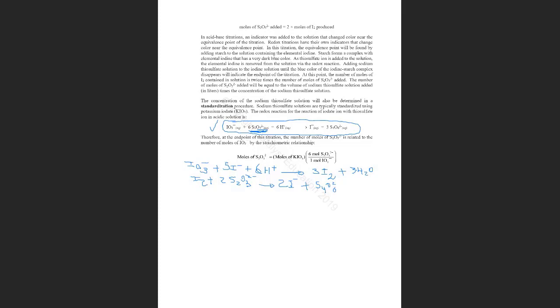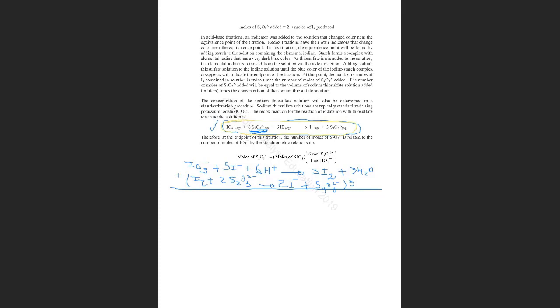You do not have to worry about these two reactions, because if I multiply this by 3 and I add these two reactions, I end up with the reaction that I mark here. This is the reaction. You will need the molar ratio of this reaction.